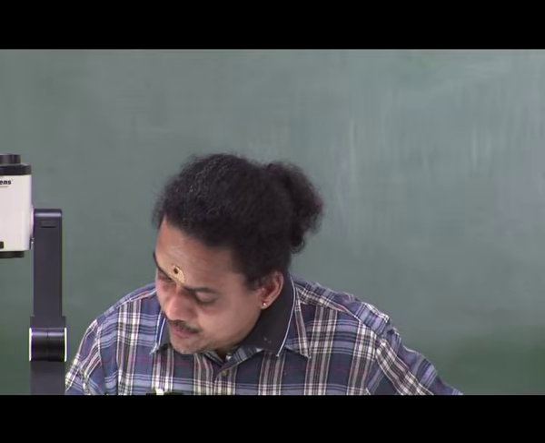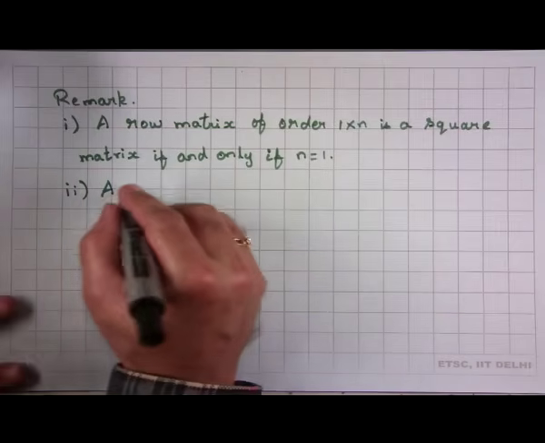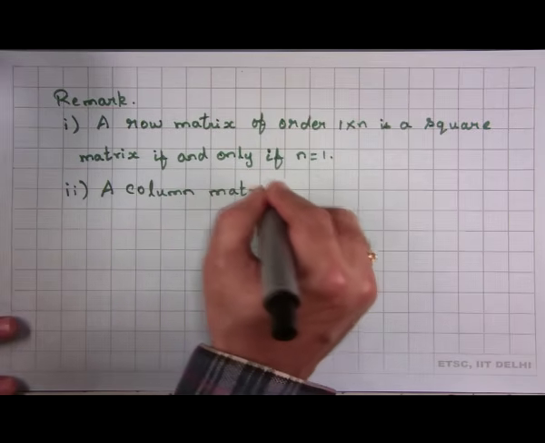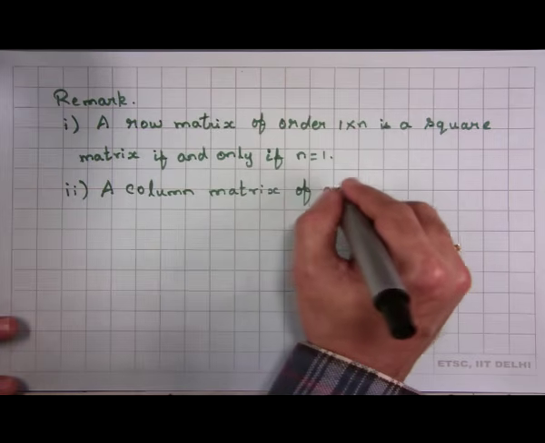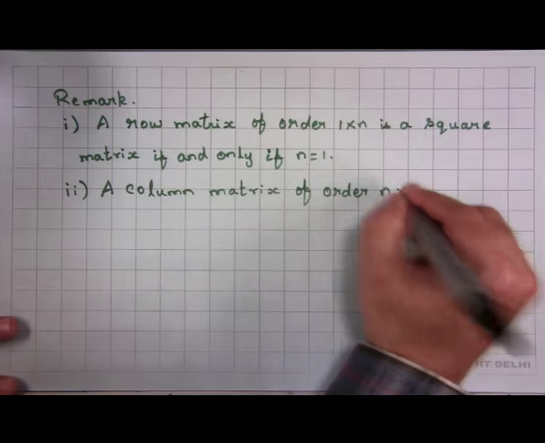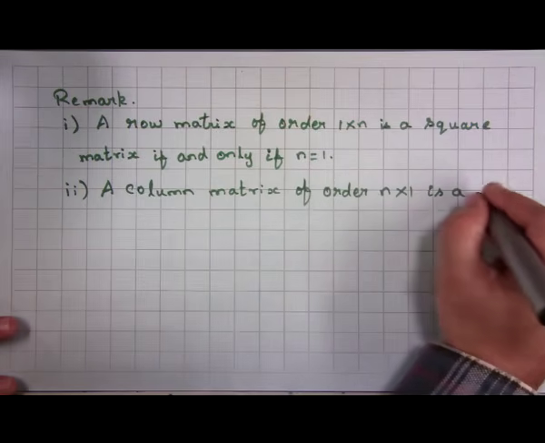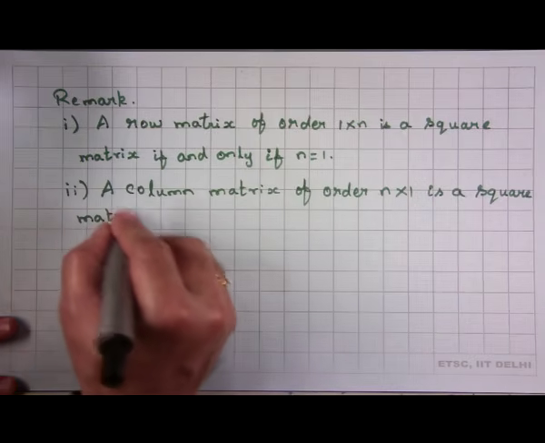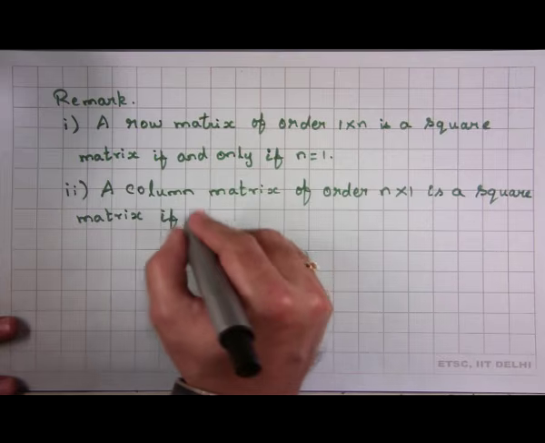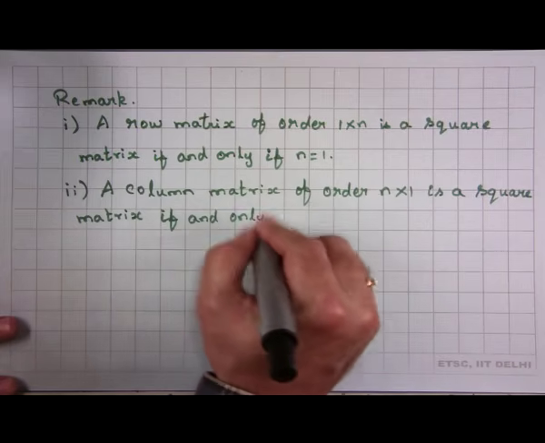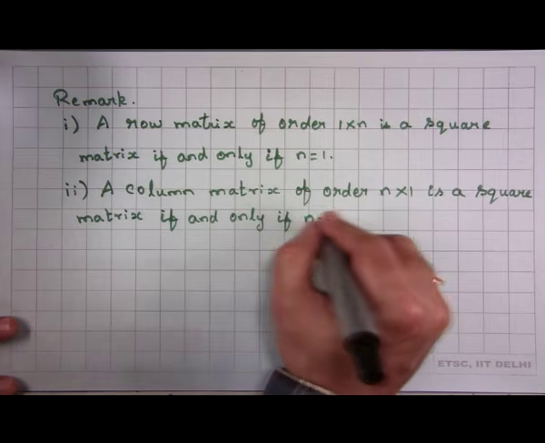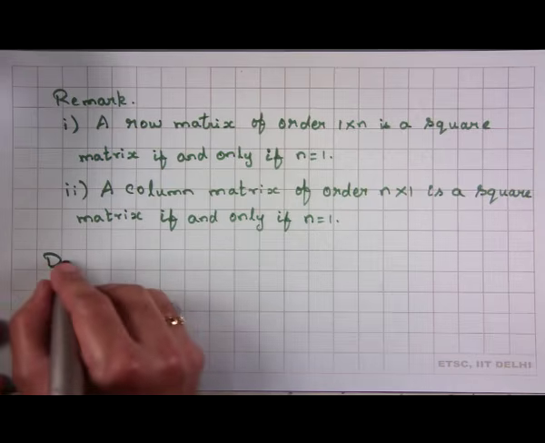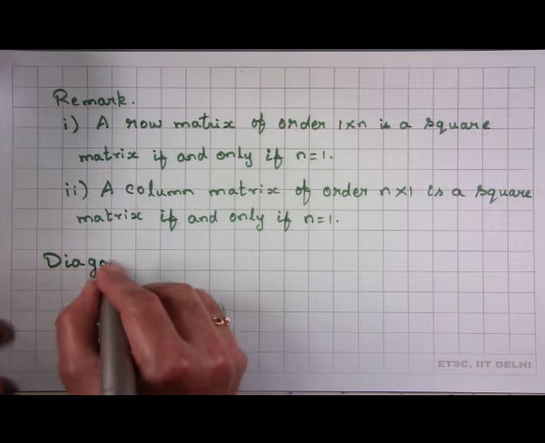Similarly, second one: a column matrix of order n by 1 is a square matrix if and only if n equals 1. Let us look at one more type of matrix, the diagonal matrix.